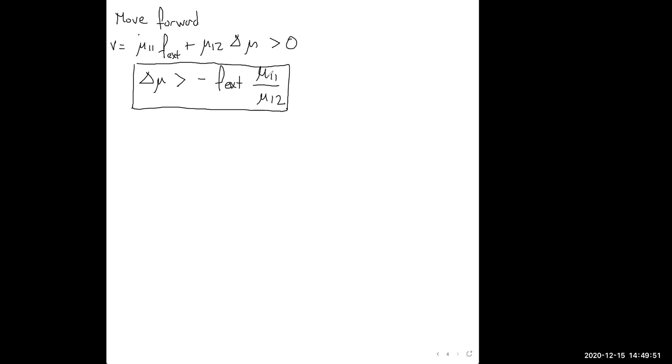For example, if these coefficients are the same, so if you have mu11 equals mu12, which is not a typical case but it can be, and the external force is, I don't know, 2 piconewtons. The coefficients have units, so you cannot write it like this.